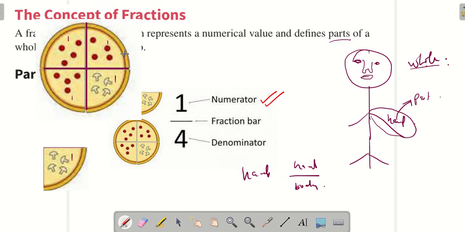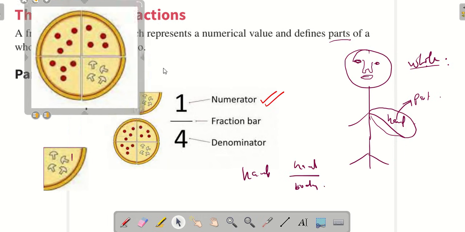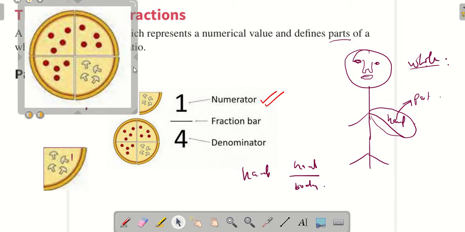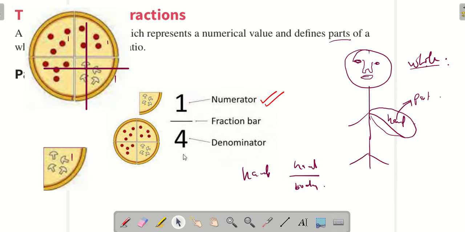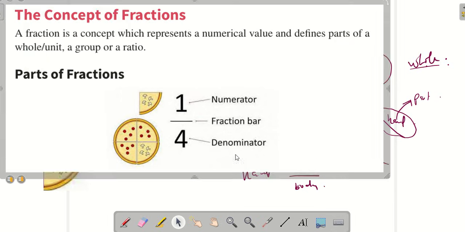Then the entire figure becomes what we call the whole, and that is the 4. So it is just 1 out of the entire 4, and that becomes a fraction, 1 out of 4. That is the basis for fraction, or the concept of fractions.